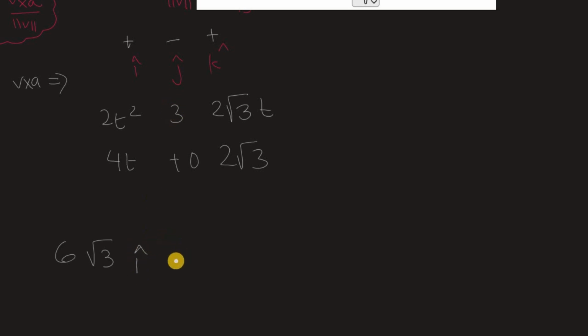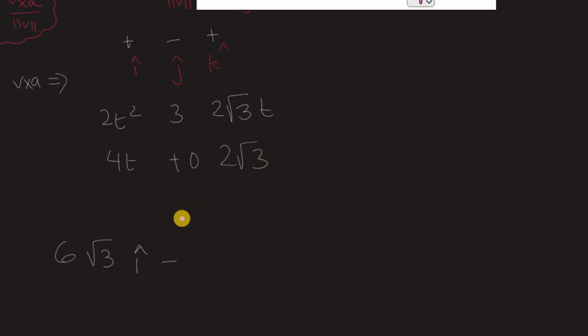So here we are in the i hat. Next we're gonna put negative j, negative, because we are in the j hat. So now we're gonna cross out the jth column and the jth row. So next we're gonna multiply this times this, and then negative this times this. Okay, remember, this times this, and then negative this times this. Okay, so I'm gonna do everything again.